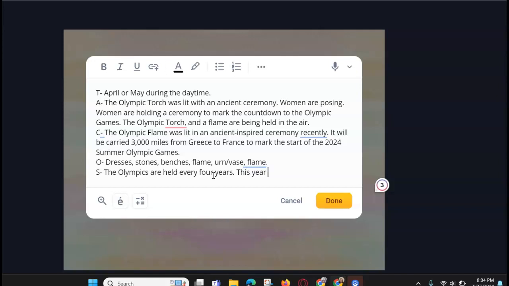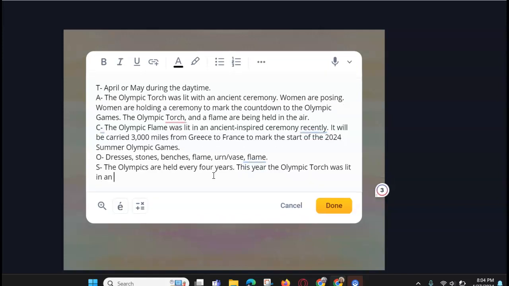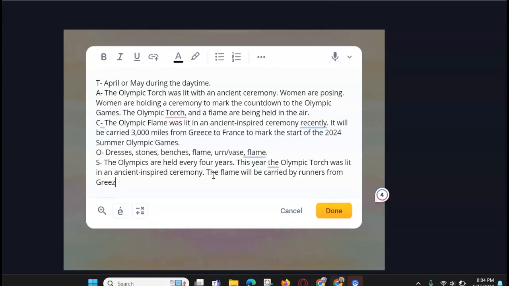This year, the Olympic torch was lit in an ancient inspired ceremony. The flame will be carried by runners from Greece to France. This will take 3,000 miles.